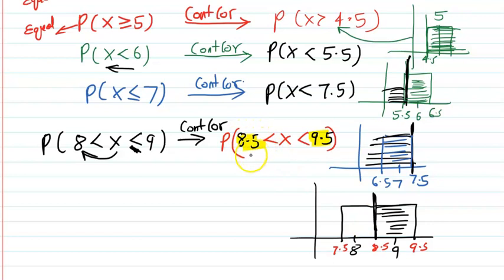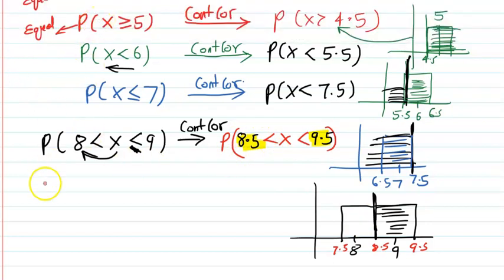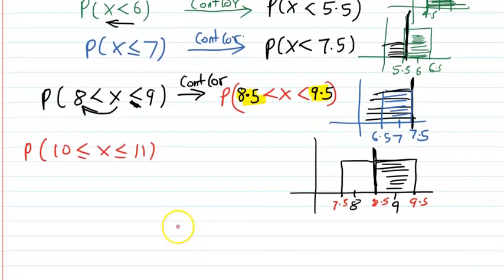Is that fine? And the last one is probability when it is between 10 and 11 and they both are included. 10 is included and 11 is also included, right?